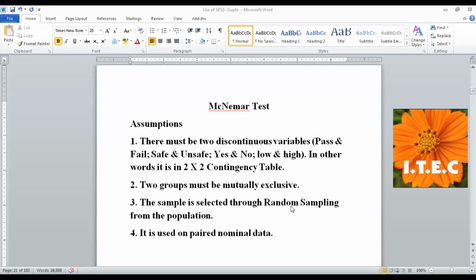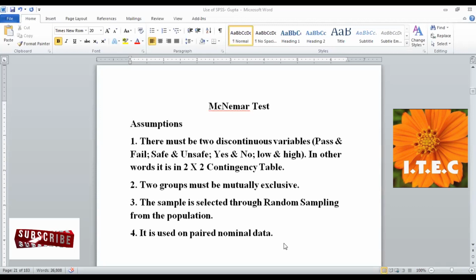Now you teach, and as you teach, then you give the same test again. And then you have to see how many people out of 50 pass or fail. So therefore, the position of pass and fail before the treatment and the position of pass and fail after the treatment.